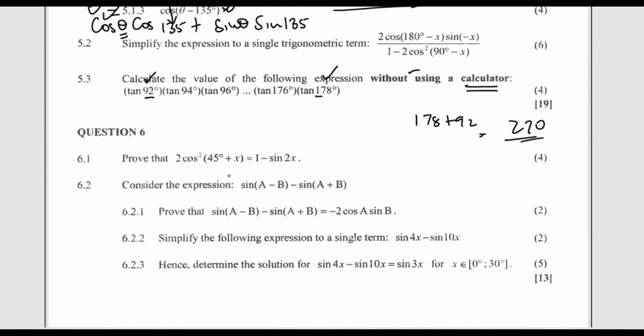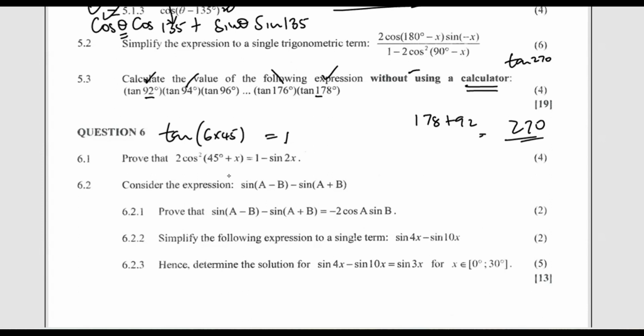Now this 270, if you're looking for the tan, let's say we have the tan of 270. How many 45s are in 270? So 270 divided by 45, we have 6 of them. So it would be the same as tan of 6 times 45s. And we know that the tan of 45 is just a 1. Look at 94 and 176.